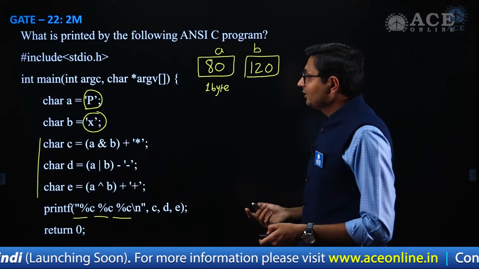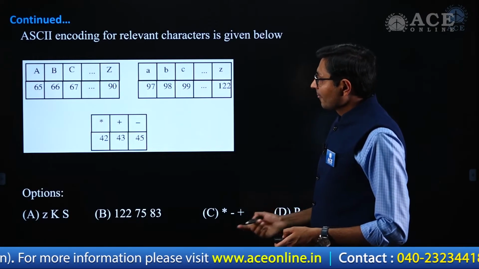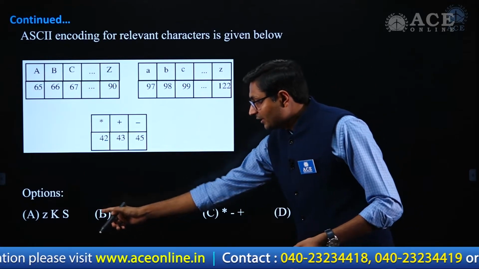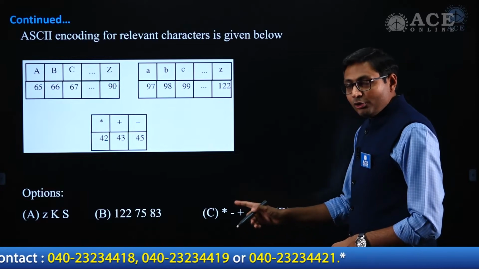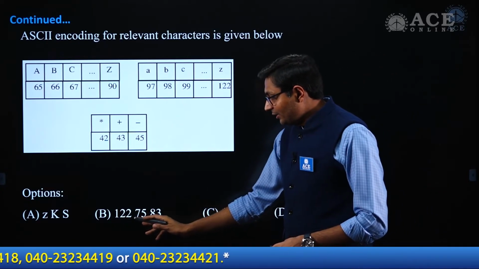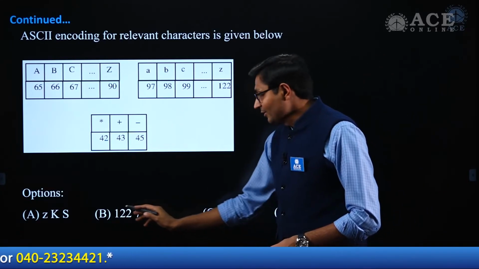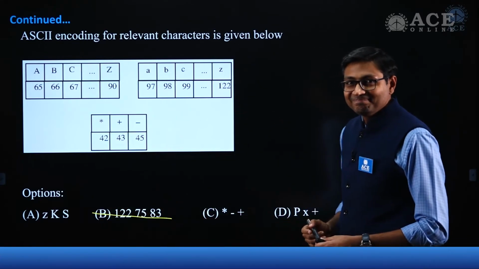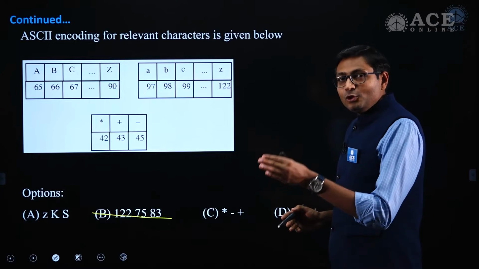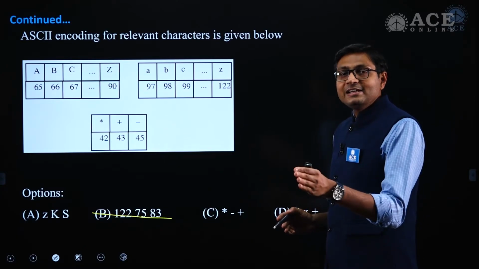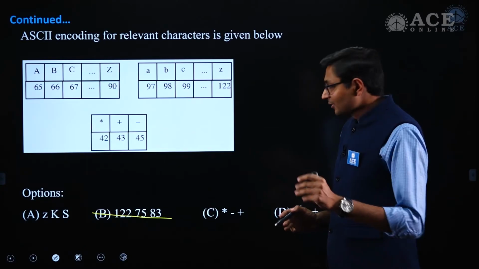What are the options given? Let's see. Okay, the given options are, out of which this is a number: 122, 75 and 83. So of course this is not our answer, because %c, %c, %c is given. And if you observe carefully, you don't have to solve the entire program.